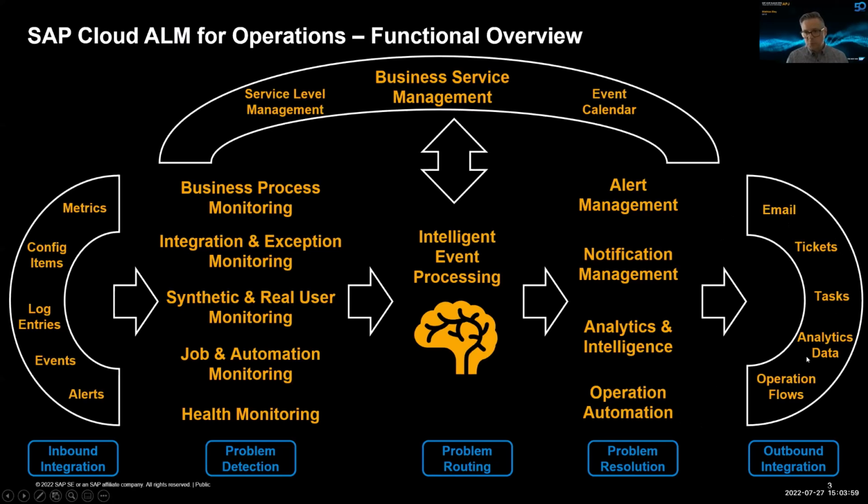And then as an outbound, you will have emails, tickets, tasks, whatever possible to follow up on the issues which we have detected. And on top of it all, spanning over it all, we have also the business service management. And what this is about, I would now start first.